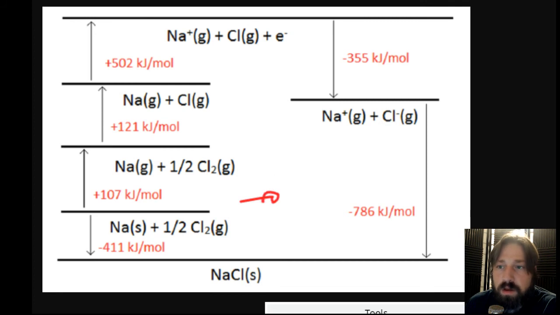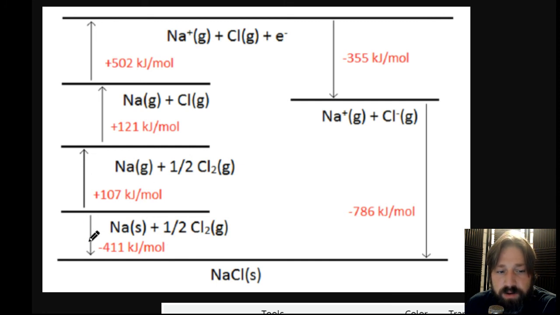What this means is these arrows are kind of like the arrow sign in your reaction. So if I want to say sodium solid plus 1/2 of chlorine gas yields sodium chloride solid, that's fine. It's just written a little differently. And they're positioned with their delta H in between them.